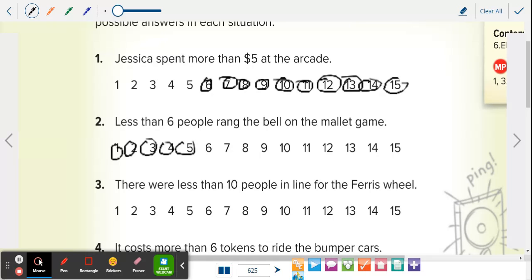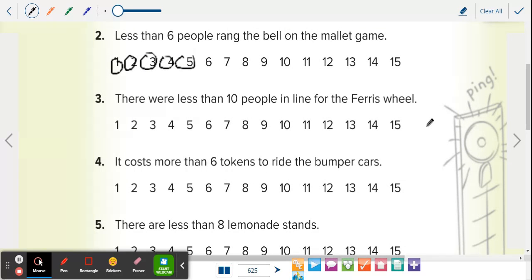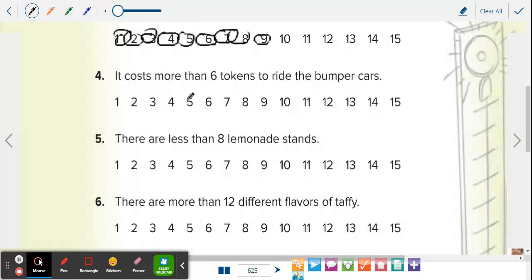It's less than 6. Okay, number 3, there were less than 10 people in line for the Ferris wheel. 1 through 9. Everything less than 10 would be included in that. Number 4, it cost more than 6 tokens to ride the bumper cars. 7 through 15, because it's everything above 6.